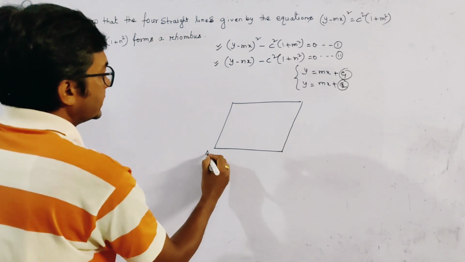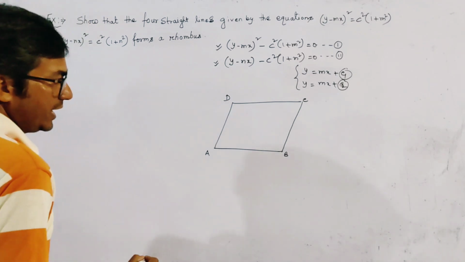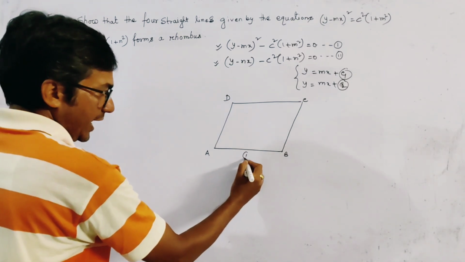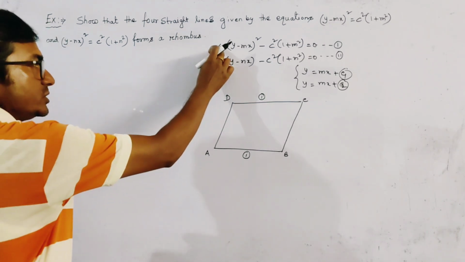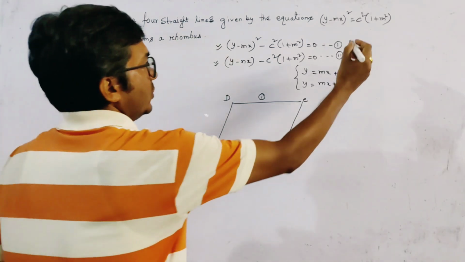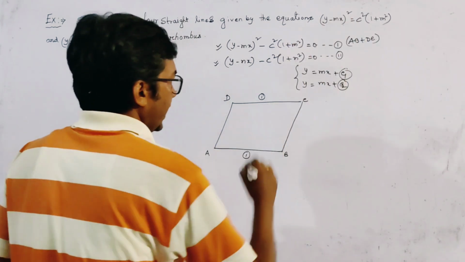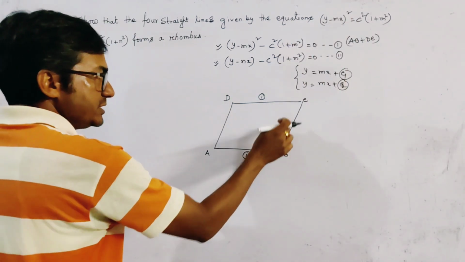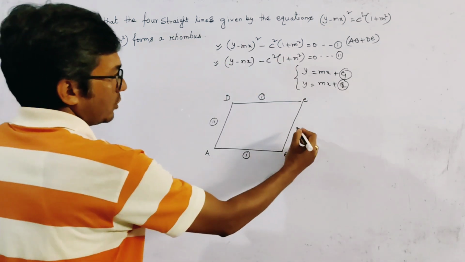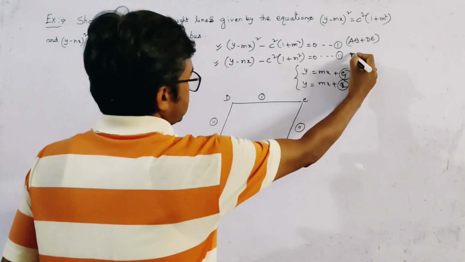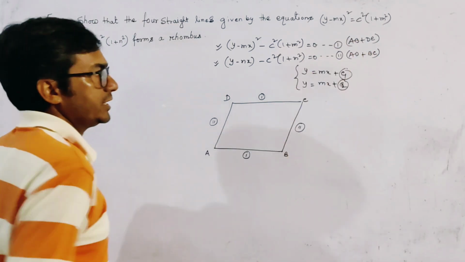This is A, B, C, D, and AB and DC are represented by equation 1, and AD and BC are represented by equation 2.